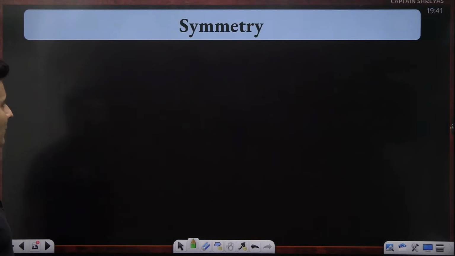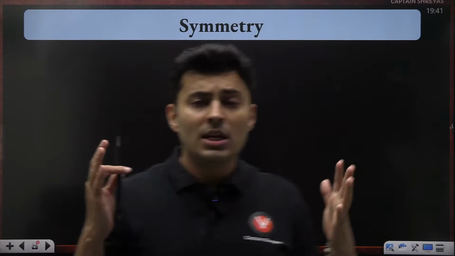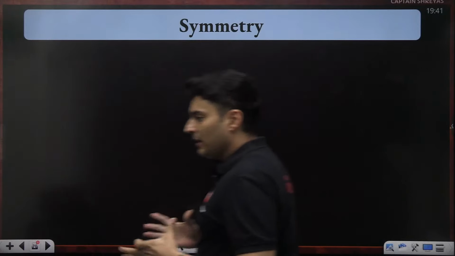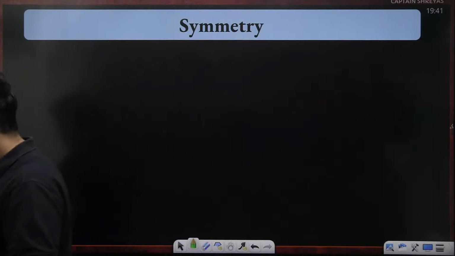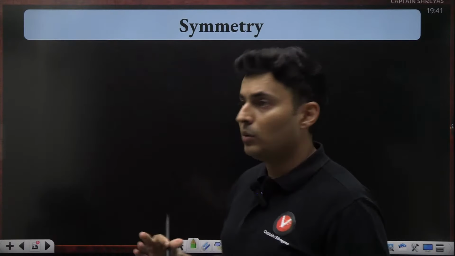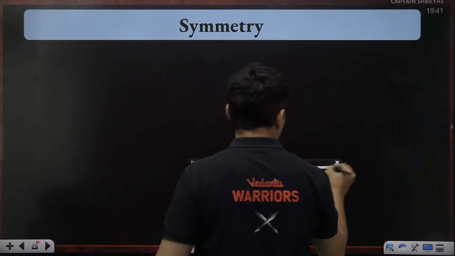Moving to the next type of questions, where you will have some kind of symmetry involved in the problems. When I say symmetry, there could be different kinds of symmetry. The kind of symmetry that we are looking at is as follows.